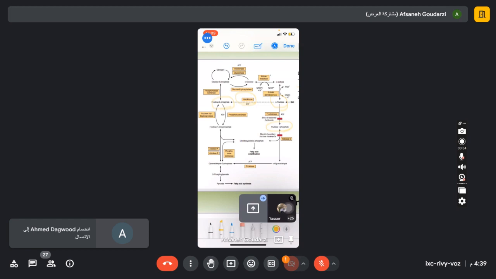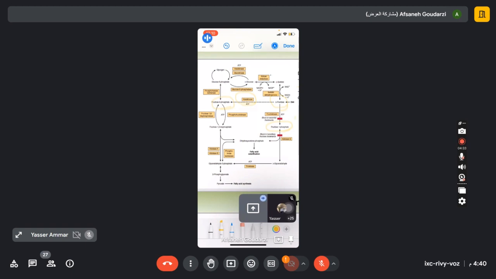It depends in which tissue of the body the fructose is metabolizing. For example, if it is in the liver, fructokinase phosphorylates fructose to fructose 1-phosphate. But if we talk about the adipose tissue or fat tissue, fructose is metabolized to fructose 6-phosphate by hexokinase. So the first reaction is phosphorylation of fructose on the position of carbon 1 or carbon 6.